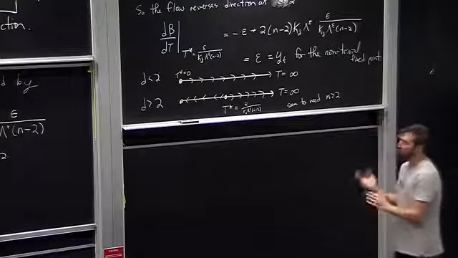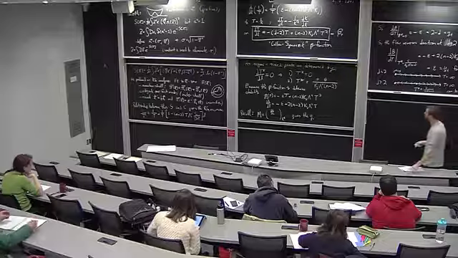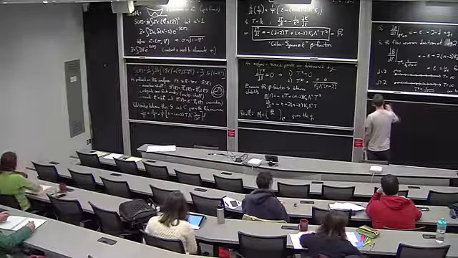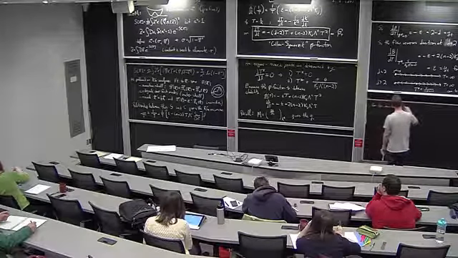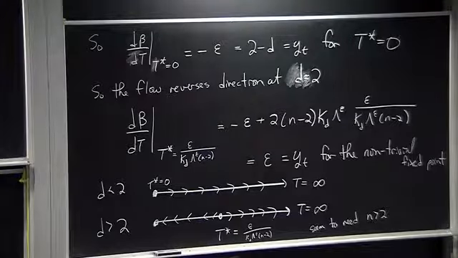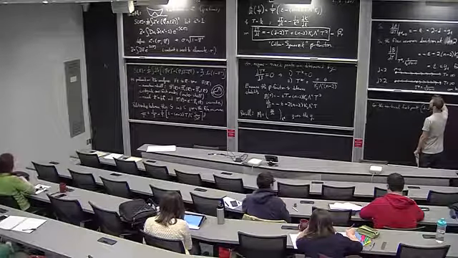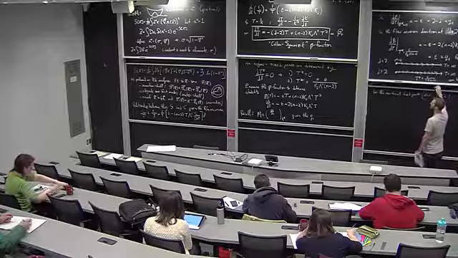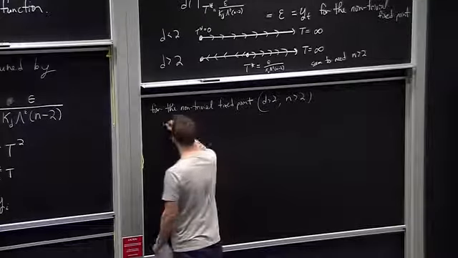So for d greater than 2, n greater than 2, you get a non-trivial fixed point. You can calculate the exponents. Although what you get in first order in epsilon isn't very enlightening, still it's possible.